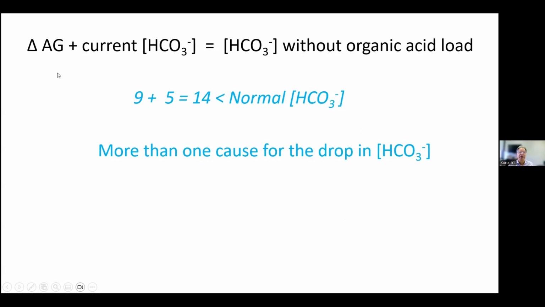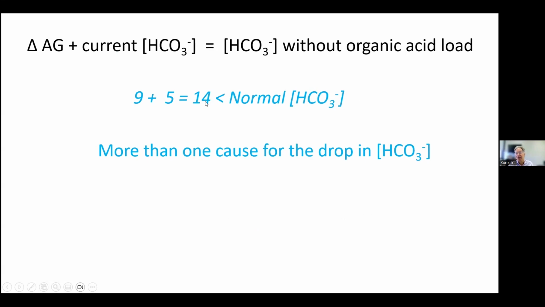And again, we add the delta anion gap to the current bicarbonate to get the bicarbonate without the organic acid load. So if we have 7 or 9, whatever you consider the normal anion gap to be, in this case it was taken as 10. If you add 9 to 5, you end up with a bicarbonate of 14.